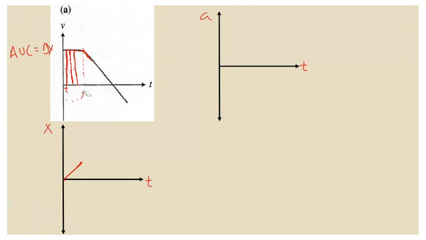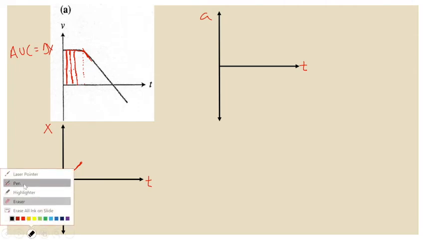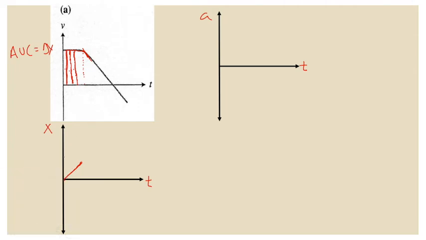So let's say we got rid of this, but we know what we said about the area under the curve: the area under the curve is growing at a constant rate, so that means the displacement should be increasing at a constant rate. But let's do it backwards now. This is a position versus time graph. It gives us information about the velocity. Since here the slope of this graph is constant and positive, that would tell us that the velocity is positive. And what do you know? The velocity is positive and it's constant.